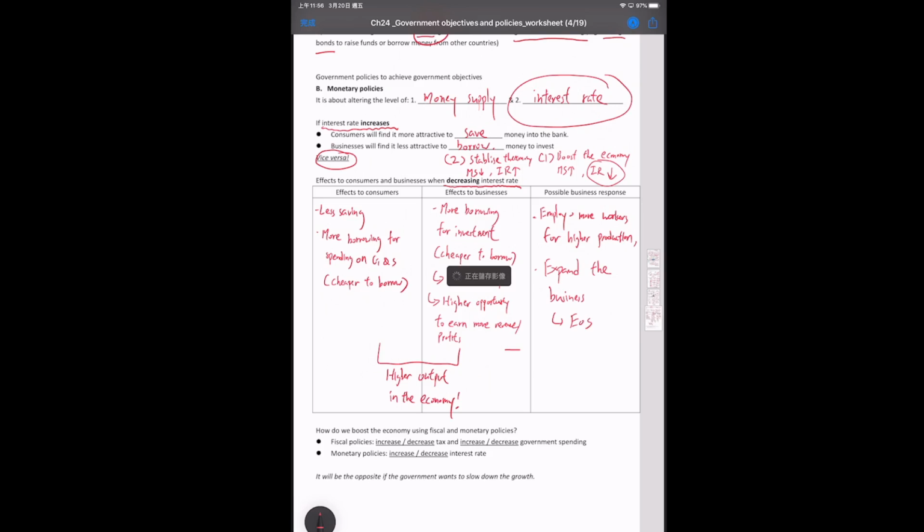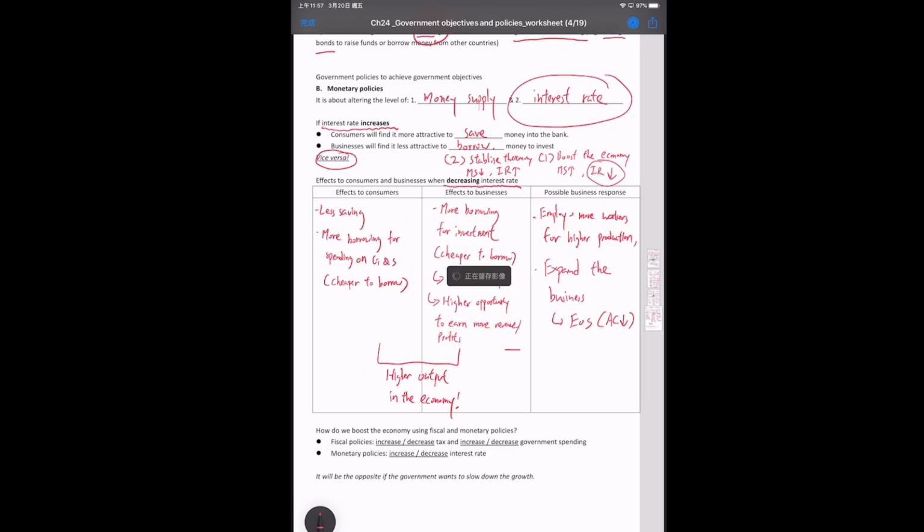We know that because when you have higher output, then you can enjoy economies of scale, so your average cost will go down. This is what you are going to expect from the business when they see the government doing this policy. They are going to employ more workers.